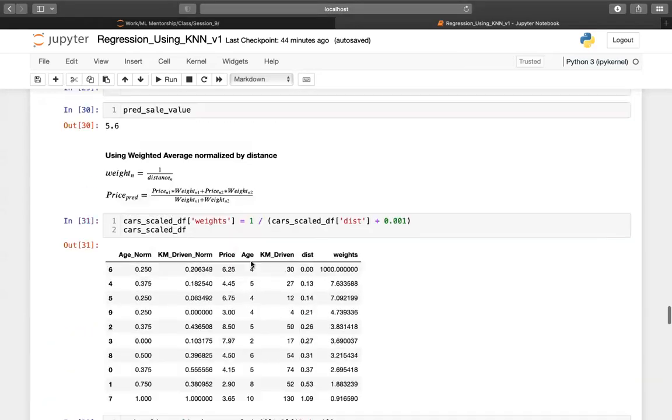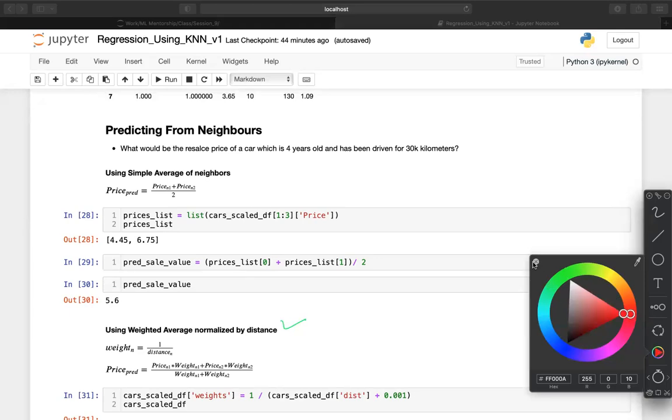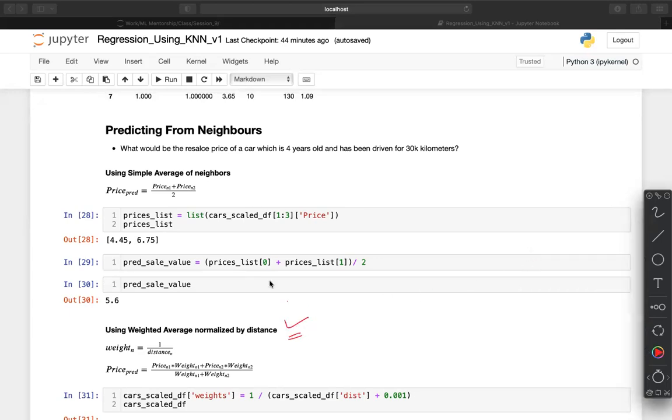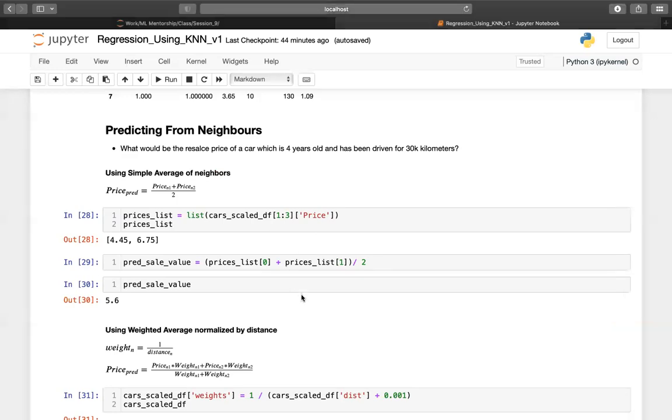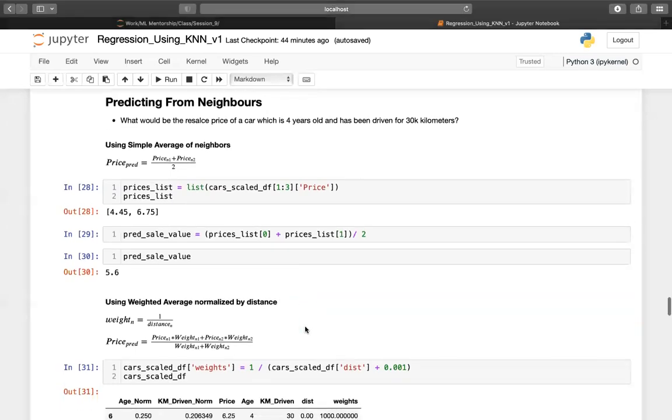Most of the time the weighted average is preferable, or most widely used in the real world compared to the simple average, because in the real world, if you take 10 or 20 or 30 neighbors, all those neighbors won't be equidistant from this particular entity, and based on the distance, the influence is also adjusted on the estimation of the outcome variable.